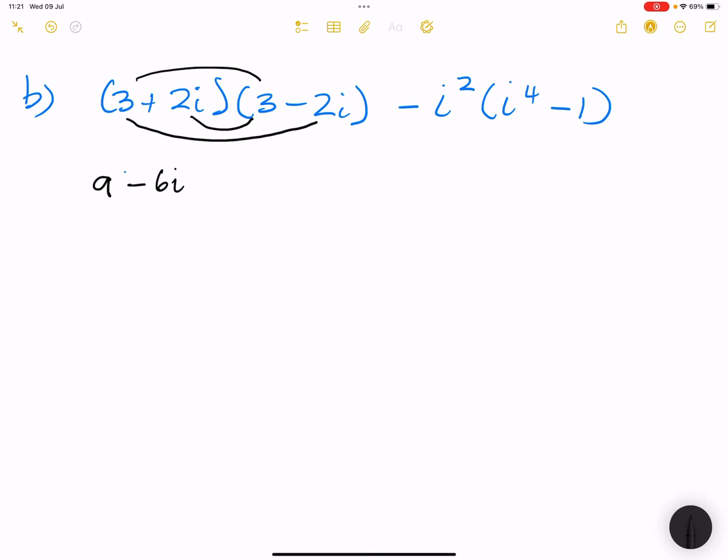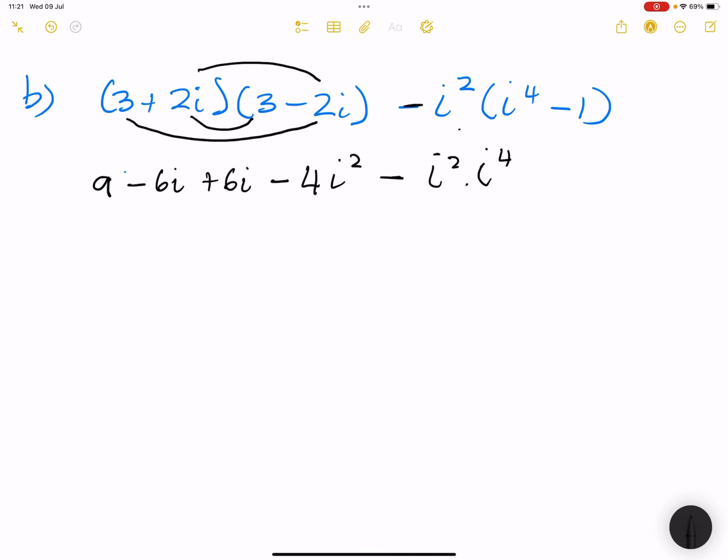We go to the inner, we've got 2i times 3, that's positive 6i. And we go for the last one, which is the ones that are the last. So that's going to be minus 4i squared. Okay, right, minus. Now let's have a look at what we've got over there. I'm going to say, well, that's I squared times I to the exponent 4.